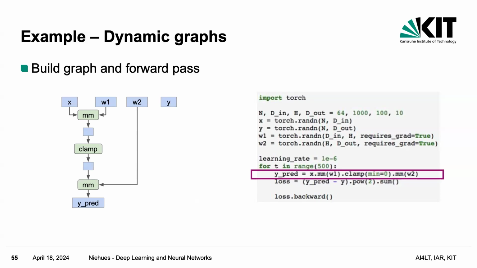Then you do the activation function, which is your clamp. Then you do another matrix multiplication with W2. So you take W2 and put it here. And this is then your resulting variable, our predicted output. So this is the first part of your graph.